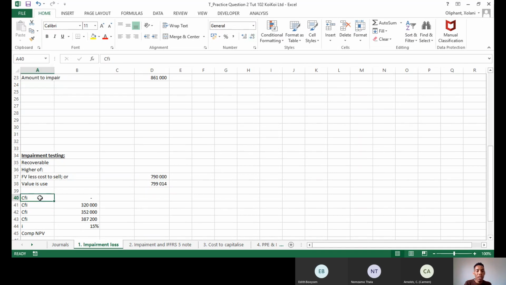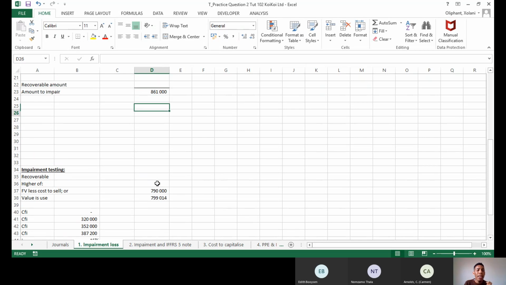Now it's very important that you show all your calculations, because in case that amount is incorrect, at least the marker is able to see what your thought process or your steps were in getting to that amount, right? So it's also important to reference where you got that amount. But I'm using Excel, so it's not that easy for me to reference. But in your exam paper, you will need to do that referencing, right?